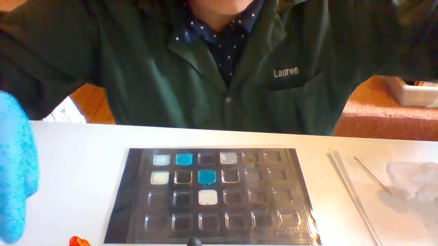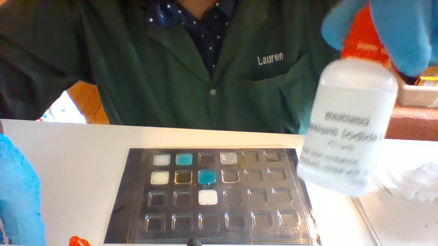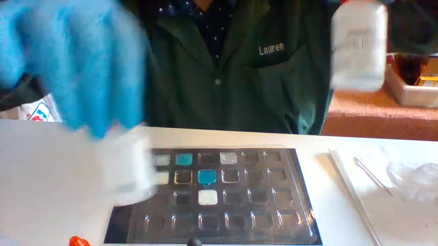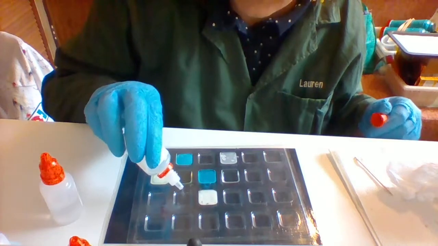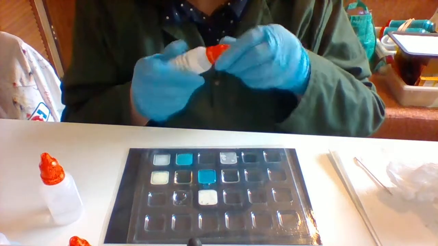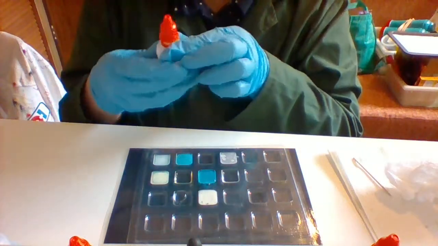Okay, and for the last one, we'll do some potassium iodide and sodium carbonate. So write down that. Both clear and colourless. There's some potassium iodide that you can see right there. Adding sodium carbonate.